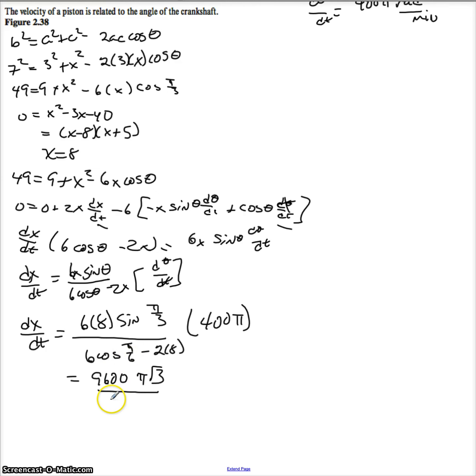So this is 1/2 minus 16. So it's minus 13. All right, you can actually leave it like this, or you can tell me that it's about negative 4.018 inches per minute. The negative sign just tells me that the distance is decreasing.